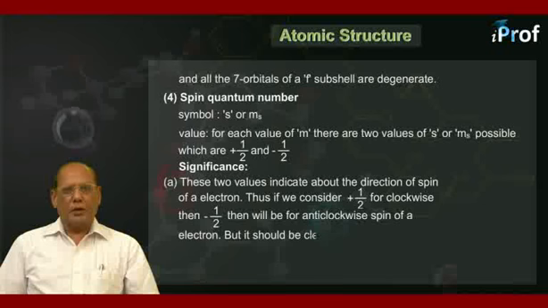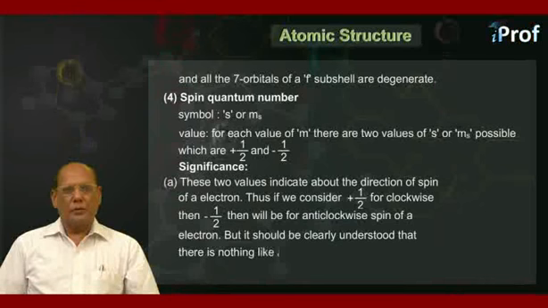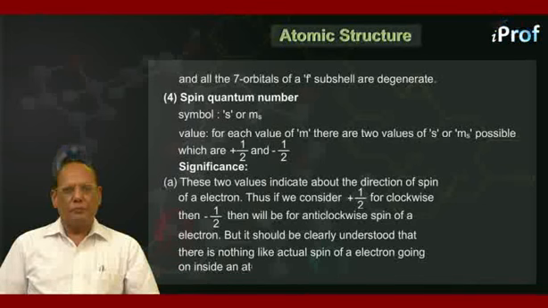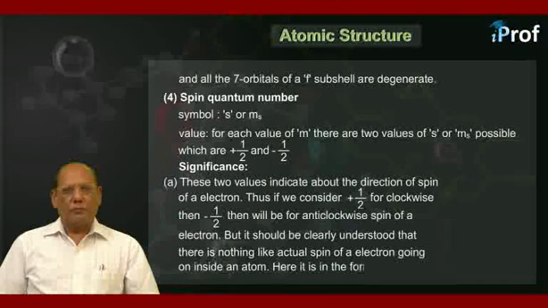But it should be clearly understood that there is nothing like actual spin of an electron going on inside an atom. It is only in the form of a concept.